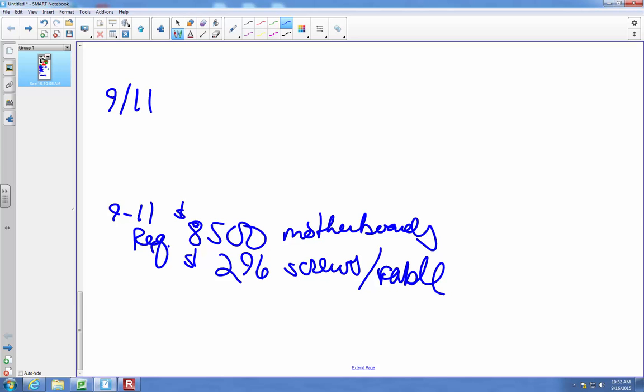WIP. They're direct materials. They go straight into WIP, don't they? What about the screws and cables? Where do they go? Manufacturing overhead. They're an example of indirect materials.